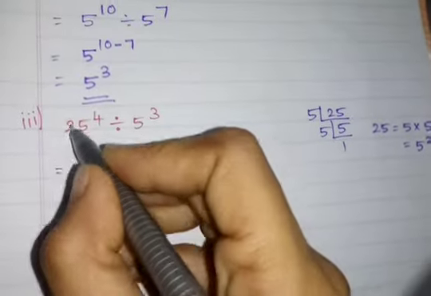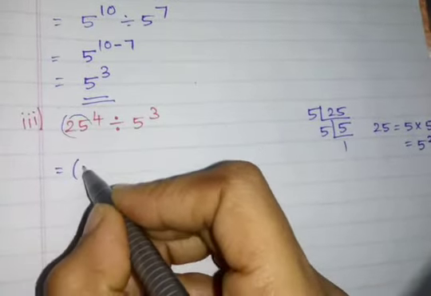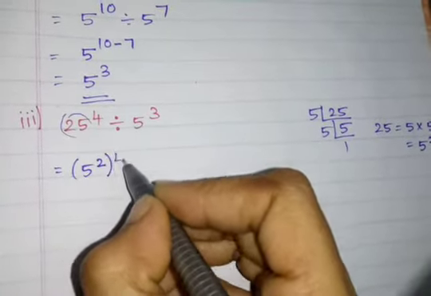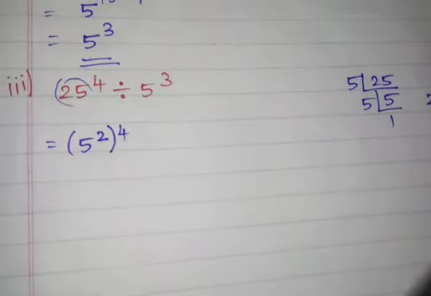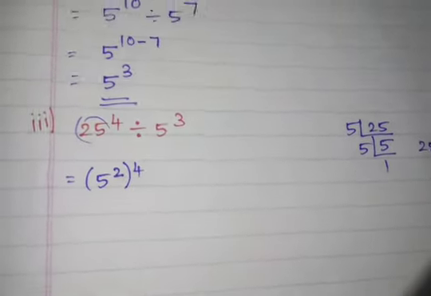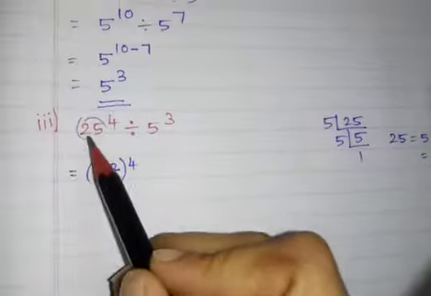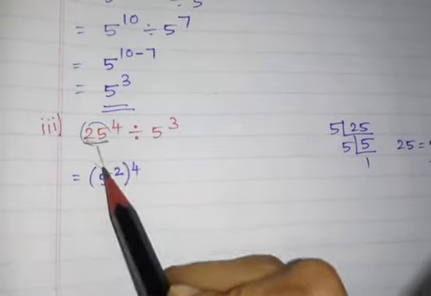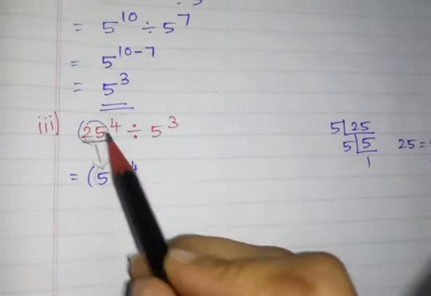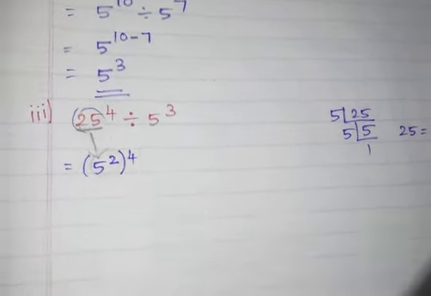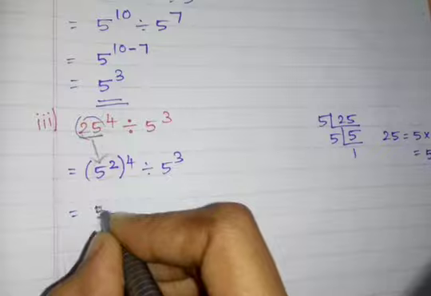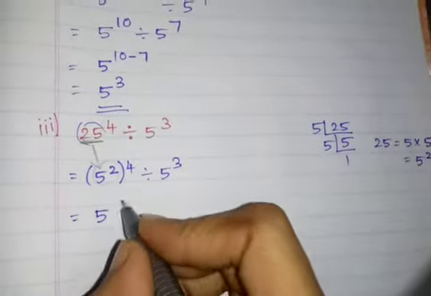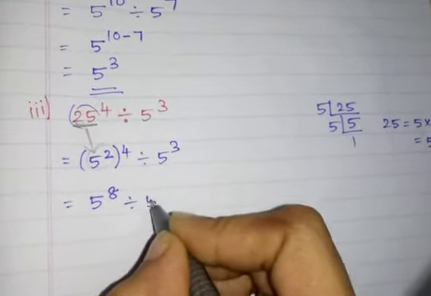Now instead of this 25, I am going to write 5 square the whole power 4. Is it correct? Because I am just converting this 25 alone, children. Divided by 5 cube. Now 5 power 2 4s are 8, divided by 5 cube.